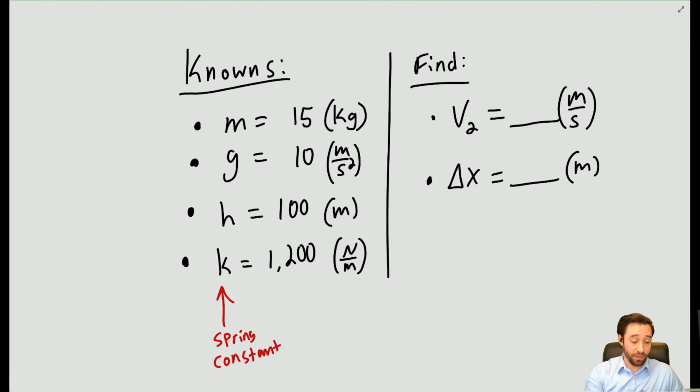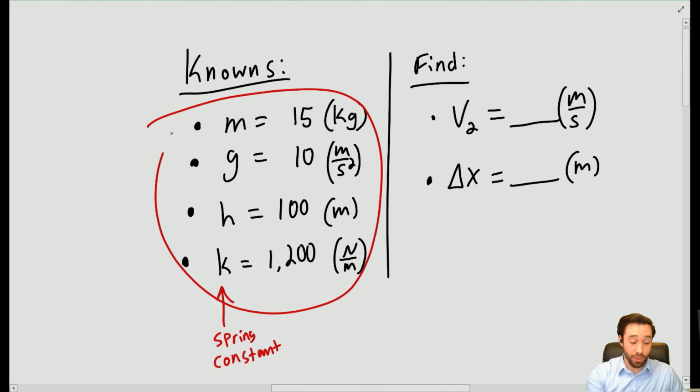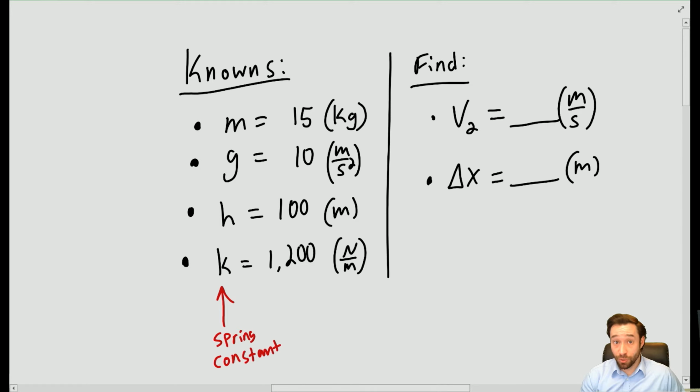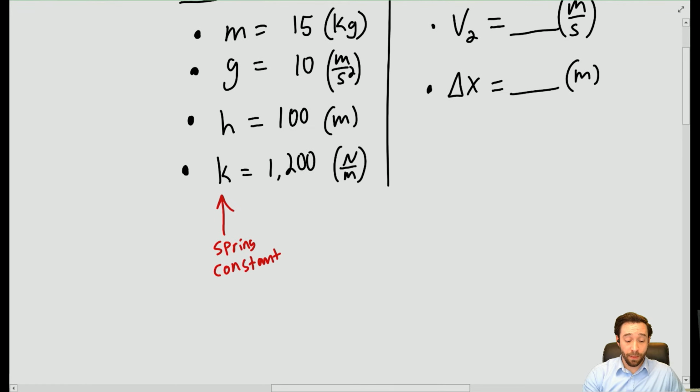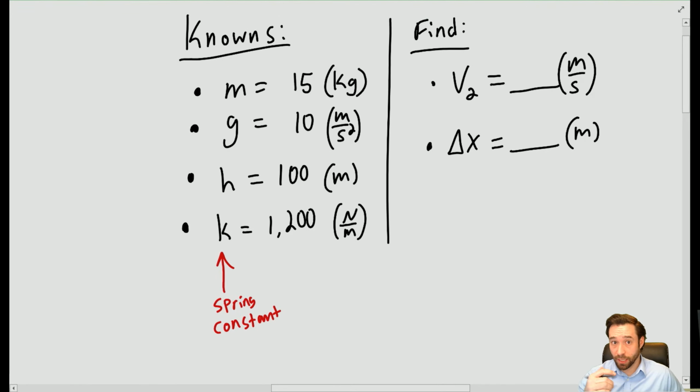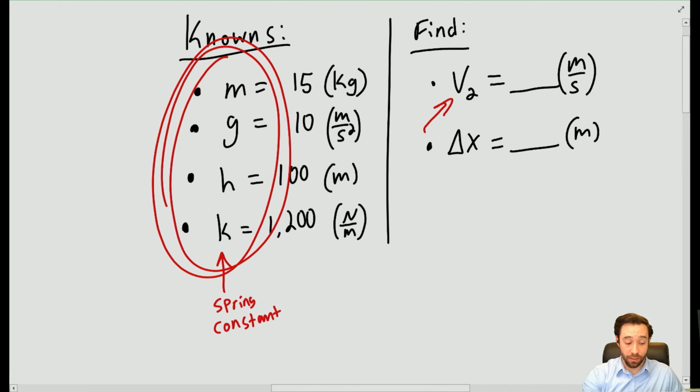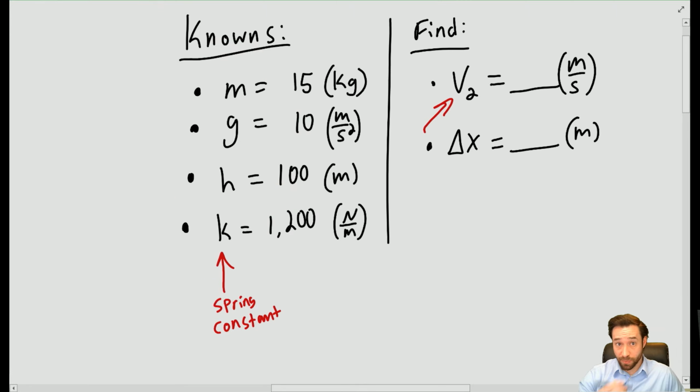Your objective is to write down what you know and what you need to find. Okay? Once you do that, and if you pay attention to this lecture, you'll figure out what equation I need to solve for this and which variables I need to plug in, and all you have to do is just plug in and get the answer.